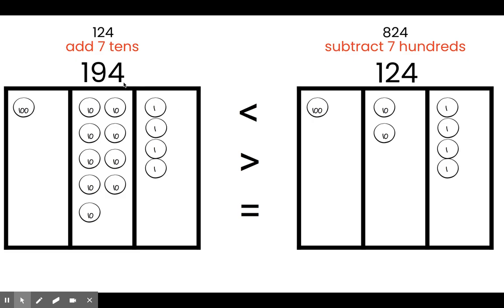If you said 194, you're correct. 9 groups of 10 is greater than 2 groups of 10. So how would we say this? 194 is less than 124? Greater than 124, or equal to? If you said greater than, you're correct. Remember, our opening is going to be larger toward the greater number.